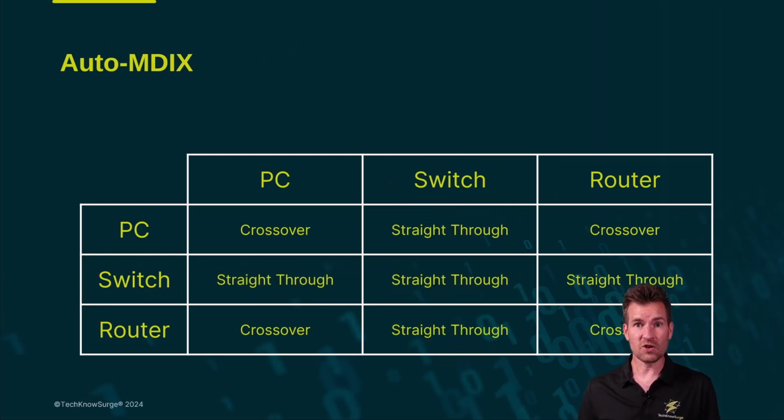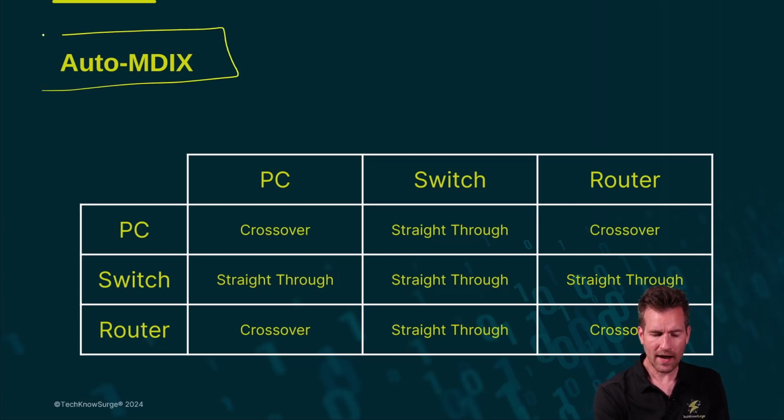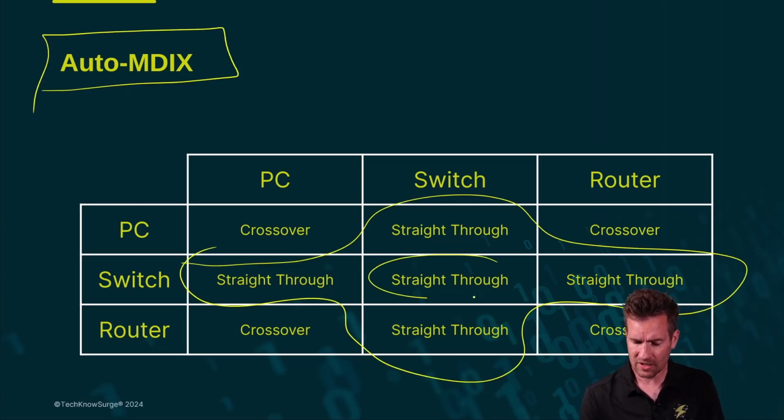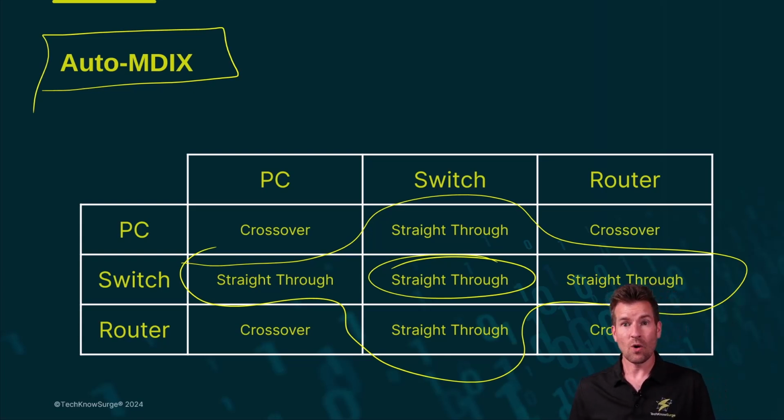In fact, if you're using auto MDIX, you actually want to use even more straight through cables, because switch to switch connections can use these straight through cables as well. So why would we want to use all straight through? The reason is, number one, the majority of your connections really are going to be straight through cables. You're really not going to use crossover cables very much at all.